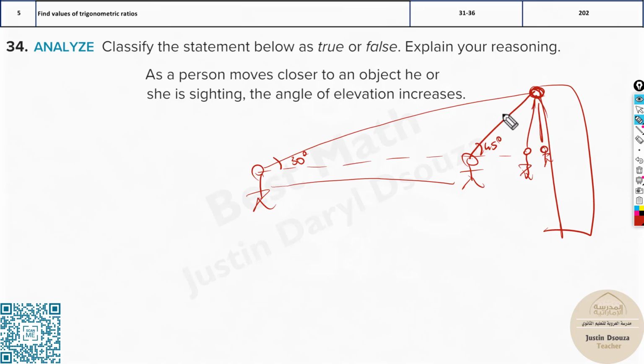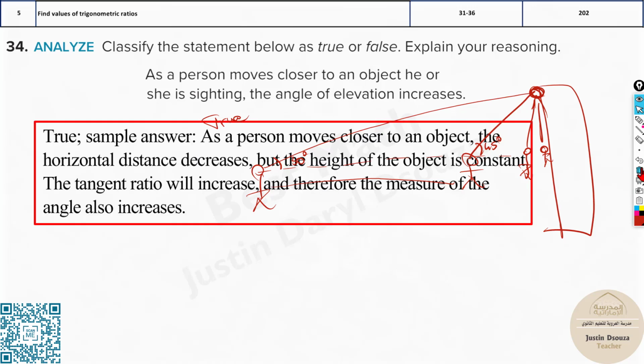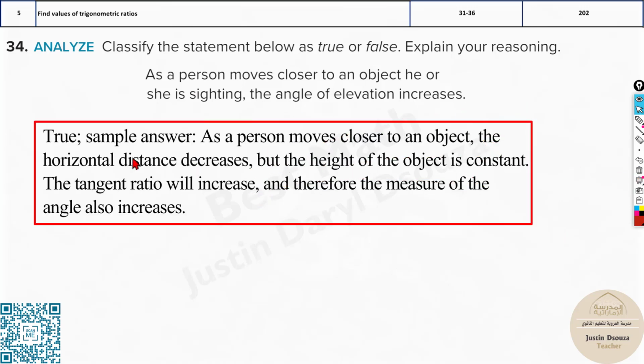As you move closer to an object, the object becomes bigger and bigger, and you can see the angle of elevation always increases. So this is true. As you walk towards any object, it becomes bigger and the angle of elevation increases. That's because the horizontal distance decreases, but the height of the object remains the same.